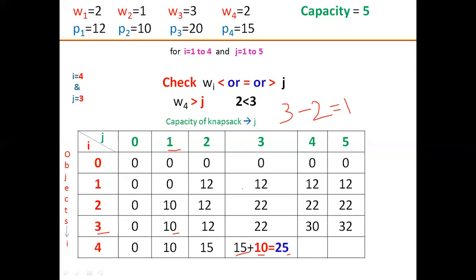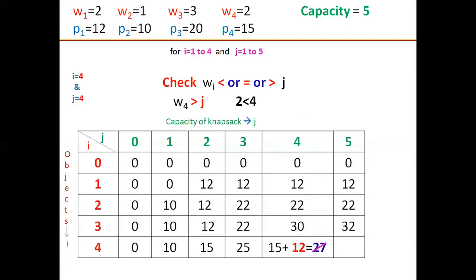So then next again to fourth row, capacity 4. Fourth row W4 is 2. So 2 is less than 4. Yes, I can add that object. By adding that object, I will be earning the profit P4, that is 15 plus remaining capacity. So remaining capacity is 4 minus 2 is 2.